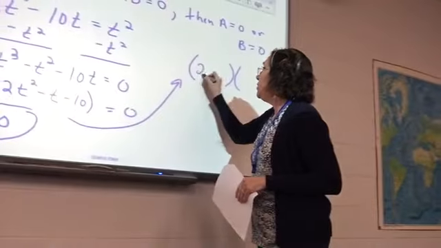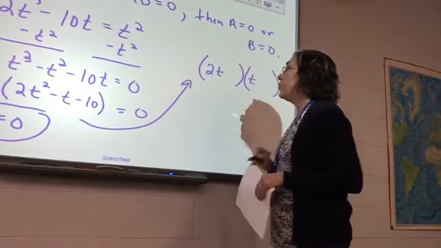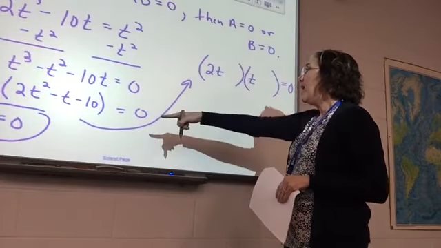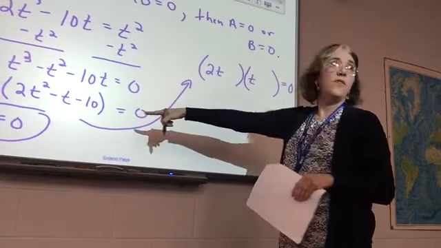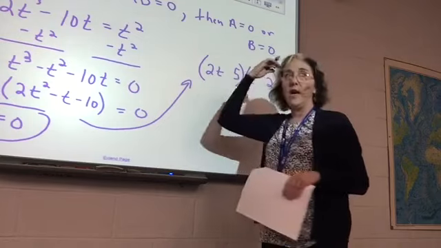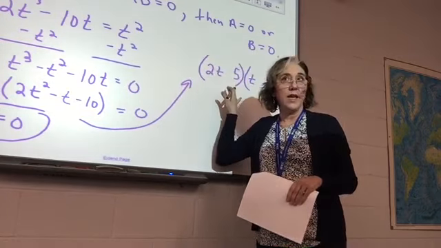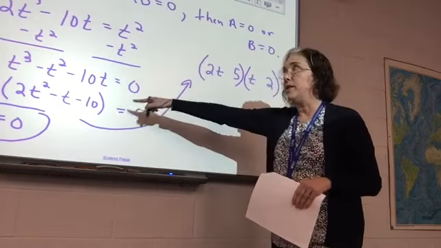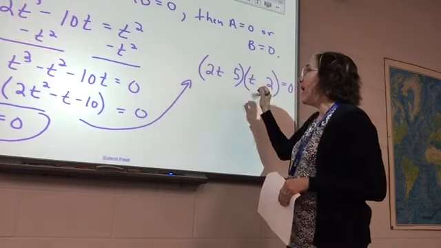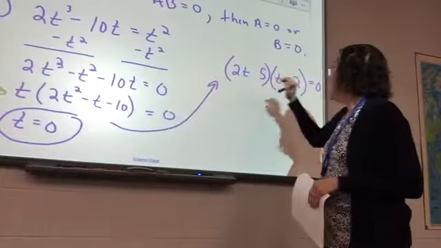Okay, so 2t and t is definitely going to have to work. 10 has factors 1 and 10 or 2 and 5. If I put 5 here and 2 here, see, I learned by trial and error. So that's what you see me doing, I'm just reasoning out where things are going to go and what the possibilities are. I need a minus t in the middle.